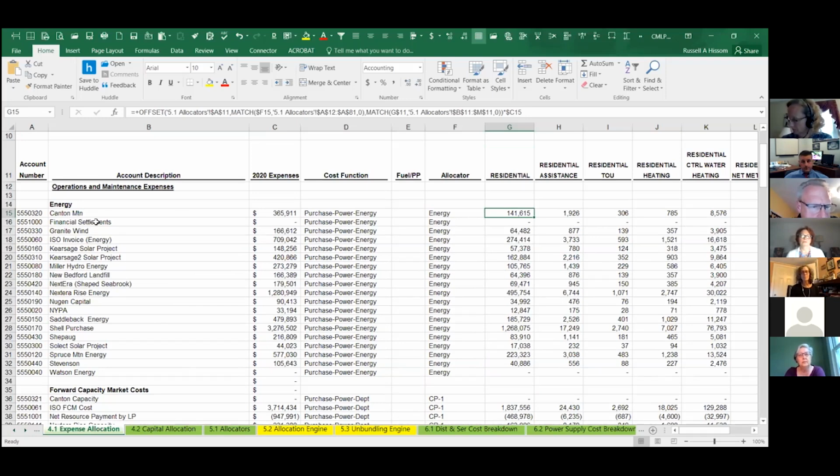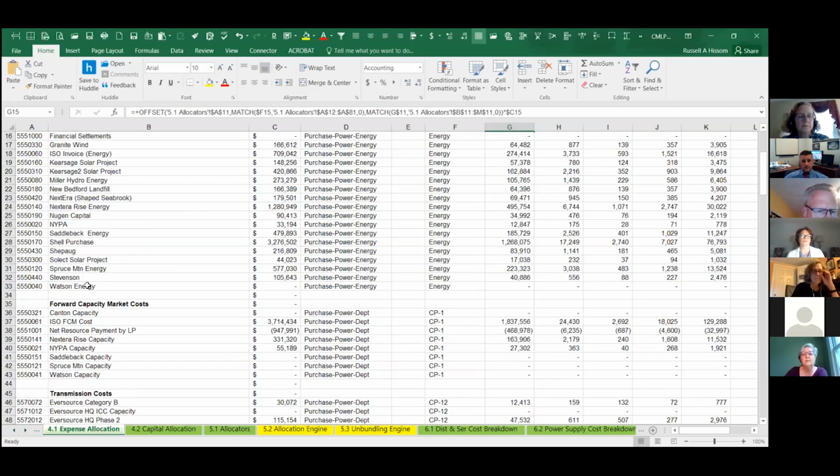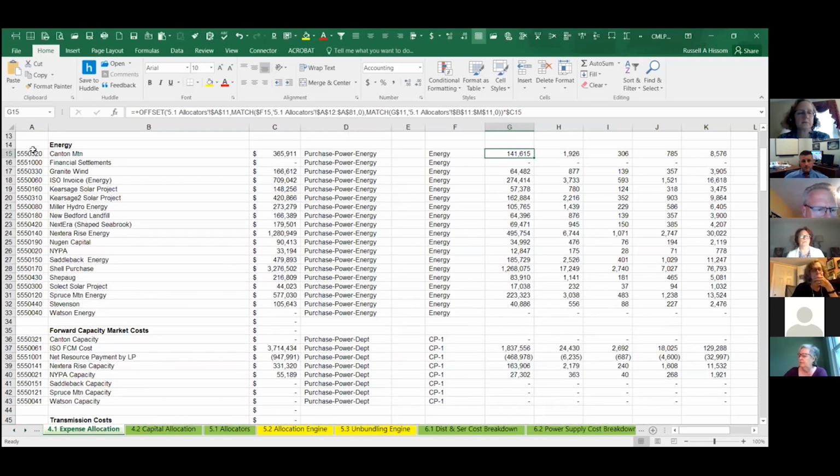Well, this page of the spreadsheet lists all your expenses by type. So the top of the stack here is all the energy related accounts.